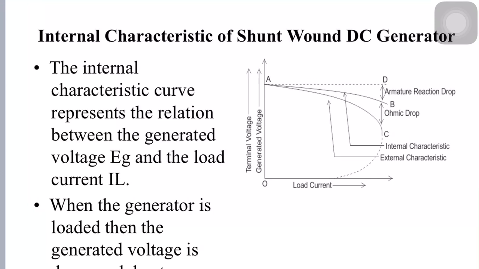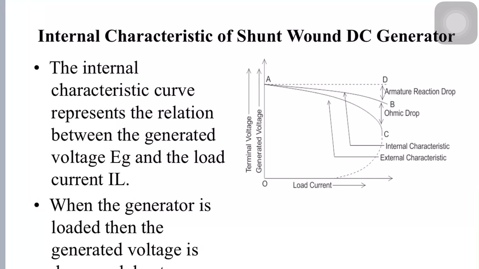And when the generator is loaded, the generated voltage is decreased due to armature reaction. So generated voltage will be lower than the EMF generated at no load. Here in this diagram, AD curve is showing the no load voltage curve, and AB is the internal characteristics curve.